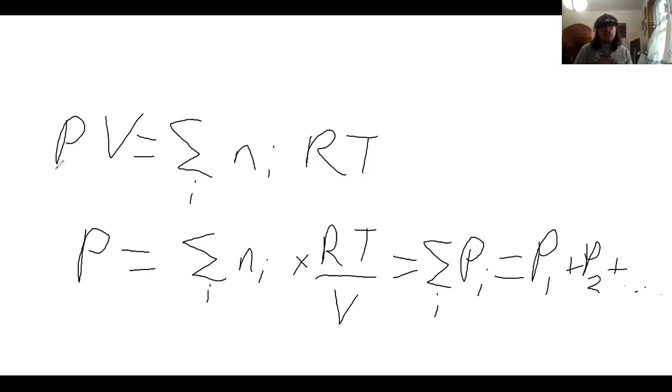So the concept of partial pressure is the pressure of each gas within a system. If there's only one gas, then the partial pressure is equal to the total pressure. From there, mole fraction, one way we measure it is looking at the pressure of an individual gas over the total pressure.